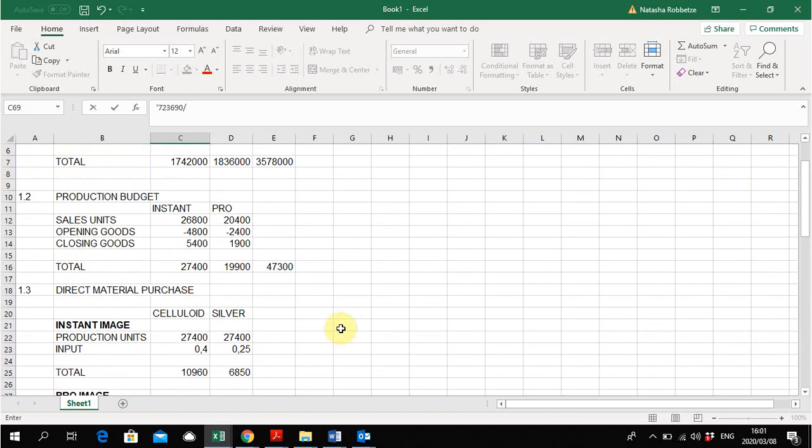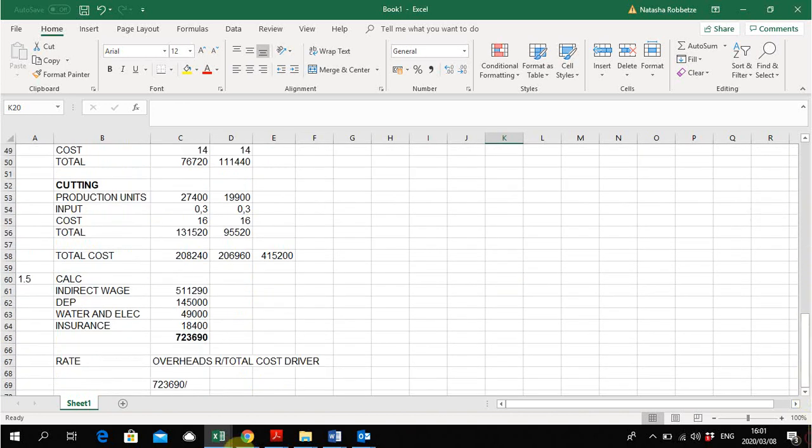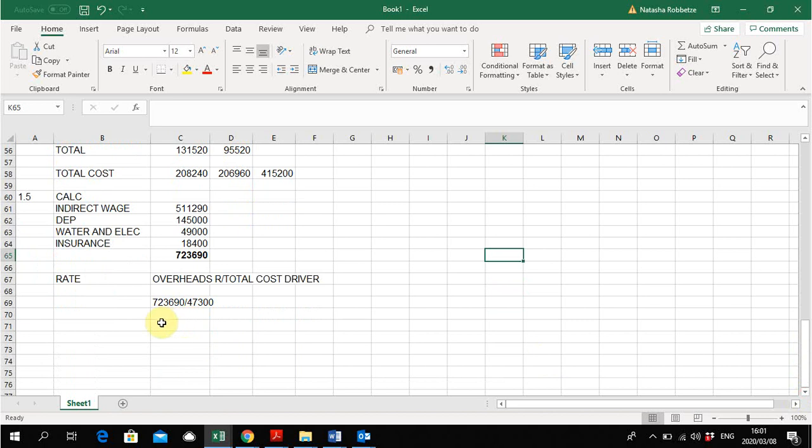And if we go to the production budget, the total there was 47,300 units that we've calculated there. So we need to go and divide. And we will then get to a rate of 15 Rand 30, and this is of course per unit.